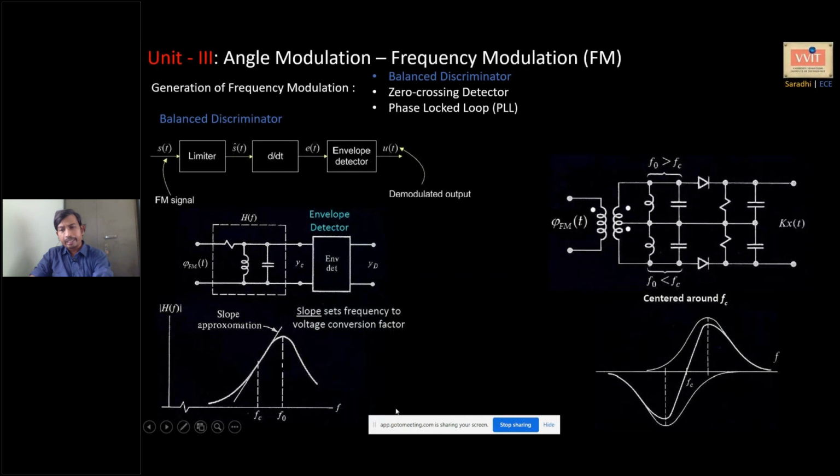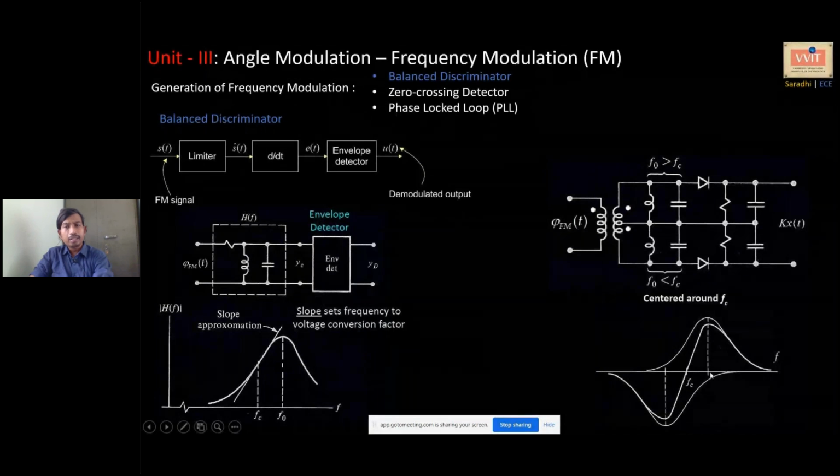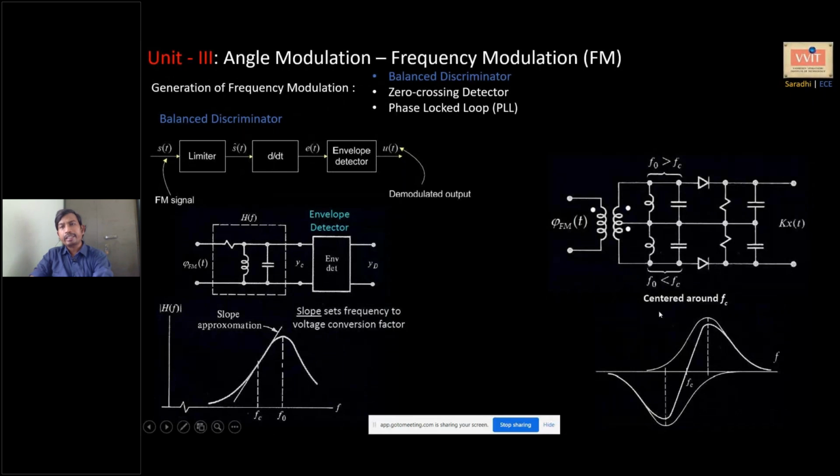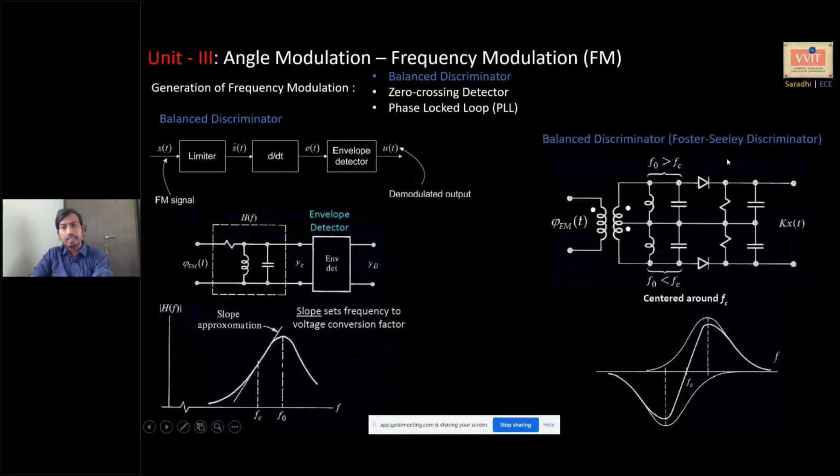Instead of this we are getting it like this. So it is now operated from this frequency to this frequency. Earlier it is operated from this frequency to this frequency only, and the demand is that the instantaneous frequency should be greater than Fc. Now you can operate this envelope detector when your instantaneous frequency is less than Fc or even greater than Fc. So this is the advantage we are having using this kind of balanced discriminator. And because of its speciality, it is being called the Foster-Seeley discriminator, based on its inventors.